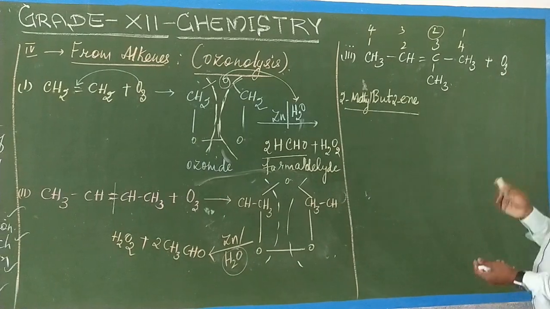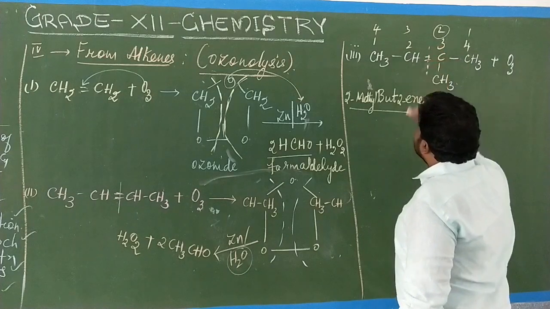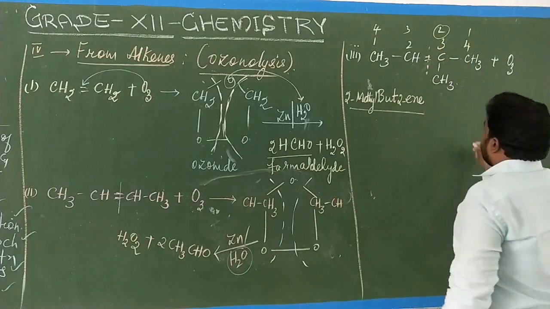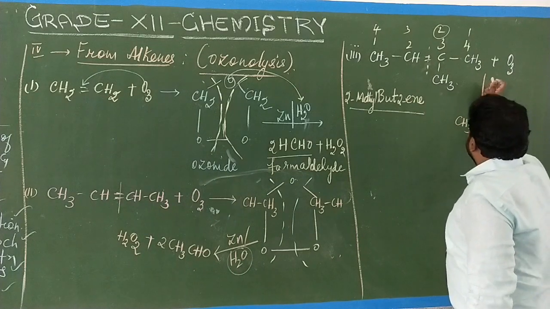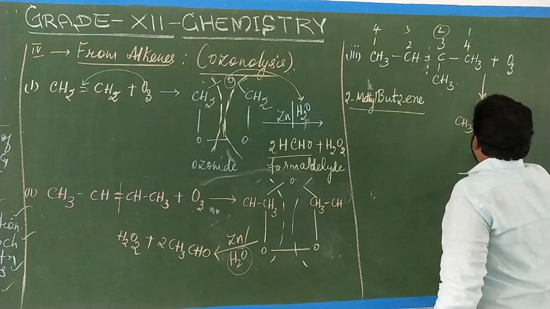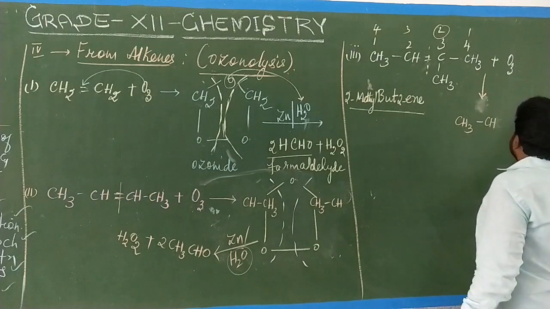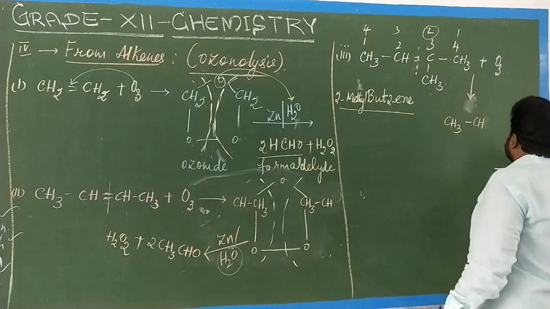On treatment with ozone, where there is a double bond, there the cleavage will take place, isn't it? Now we will write CH3–CH, then similarly C(CH3)–CH3, like this it appears.